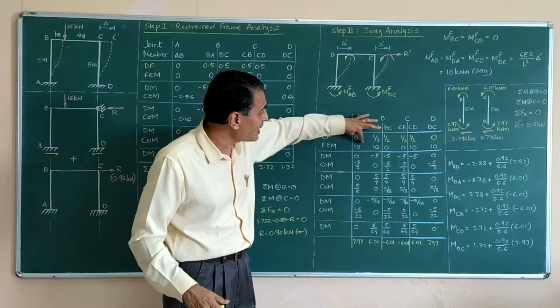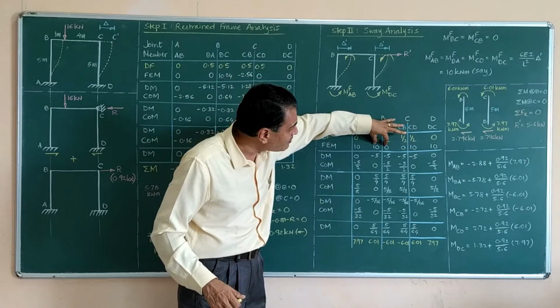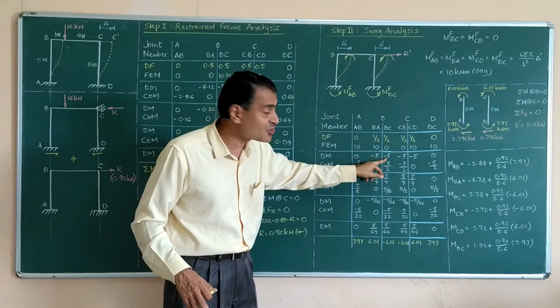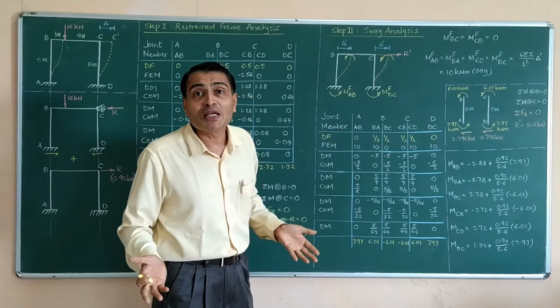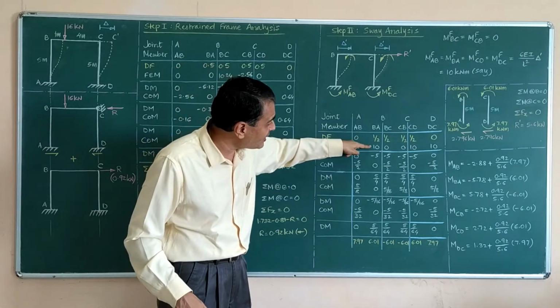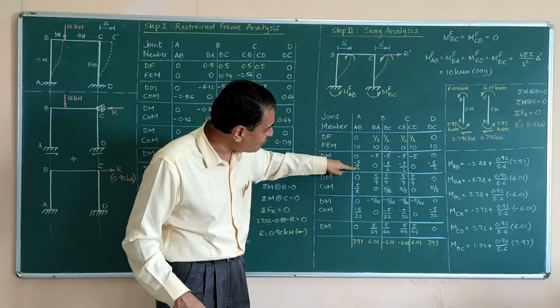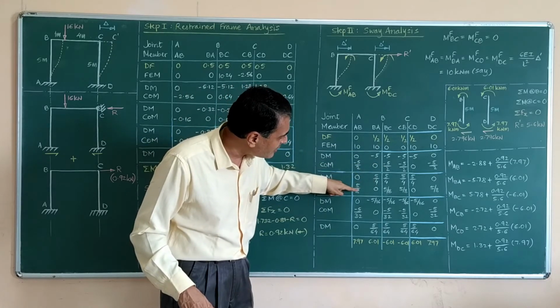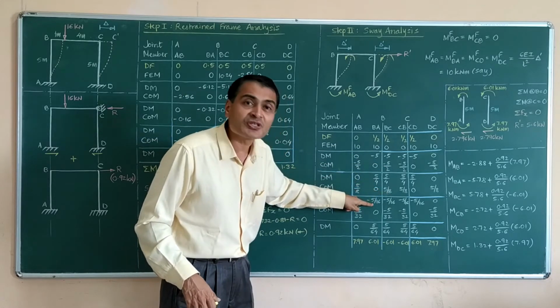See what I have done? After writing the moments, observing imbalance at both the joints B and C, I go for distribution. Very happily, our distribution factors are 50%. So you are observing that half of this goes here, half of this comes here, and half of this imbalance comes here.